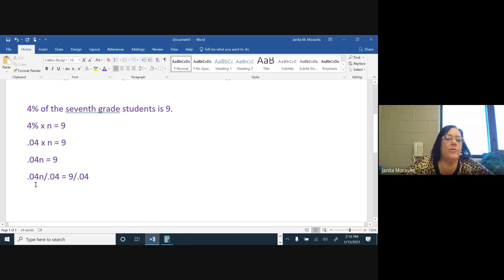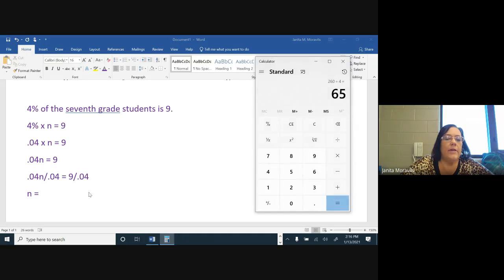Now, this 0.04 and this 0.04 go away, so all you have left over there is n, and that is the number of 7th grade students. And that's equal to, well, let's get our calculator. Remember that when you're dividing by decimals, you do it slightly differently.